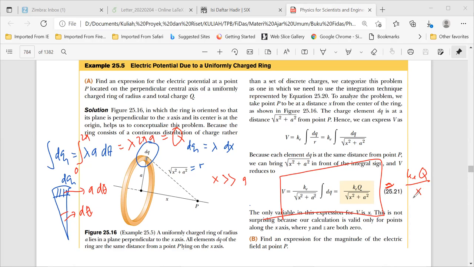So this form is a point charge, a particle.